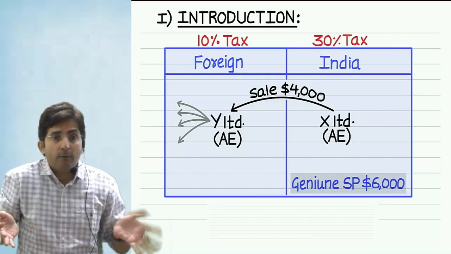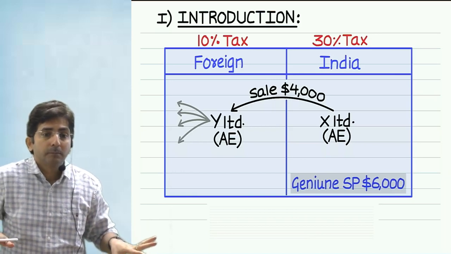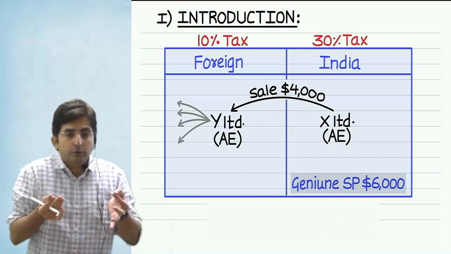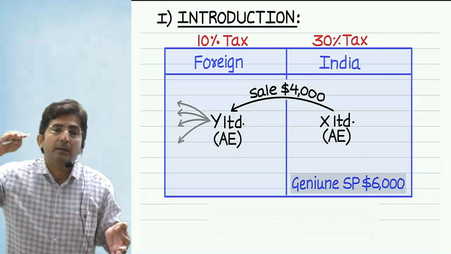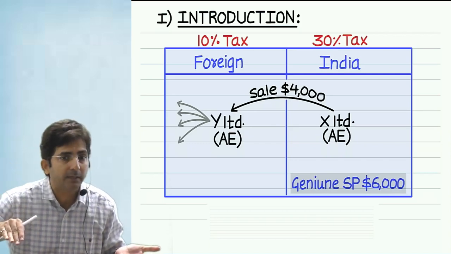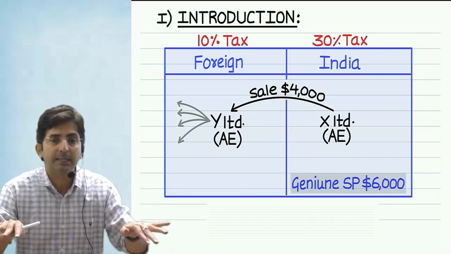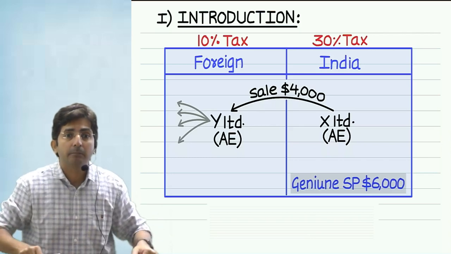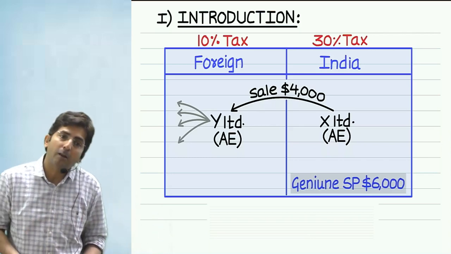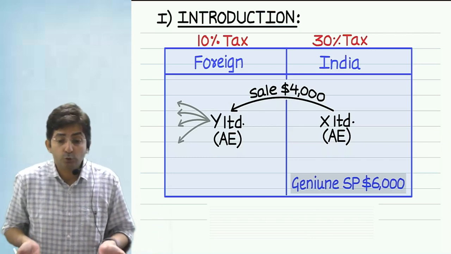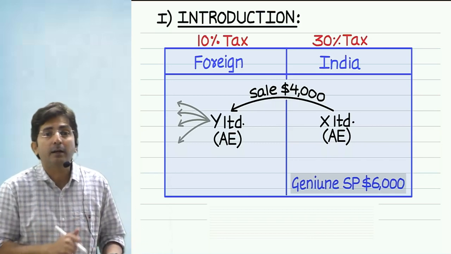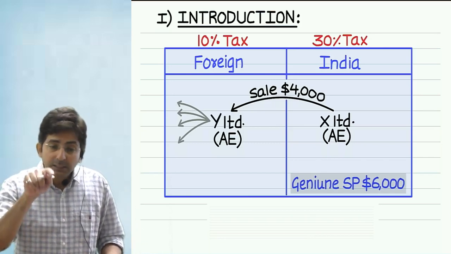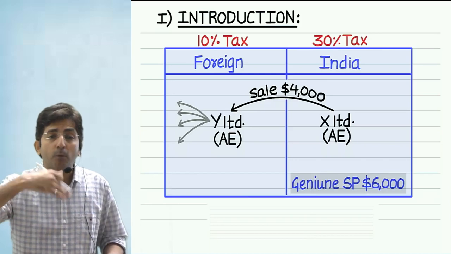X and Y were not affected because overall in terms of money, X's money was saved by 30, Y's money increased by 30, net effect is the same. But the Indian government has suffered a loss. The tax which should have come to India has gone to a foreign country. So this cheating is called base erosion, profit shifting.